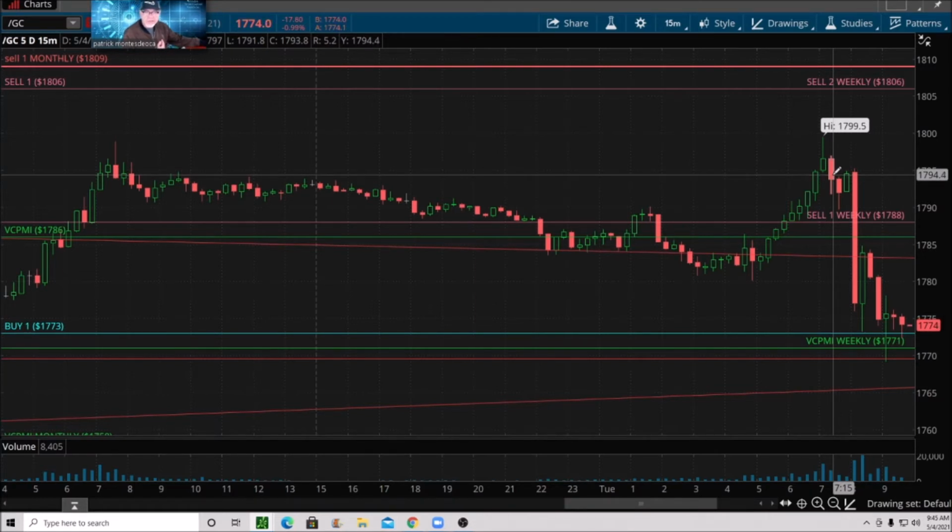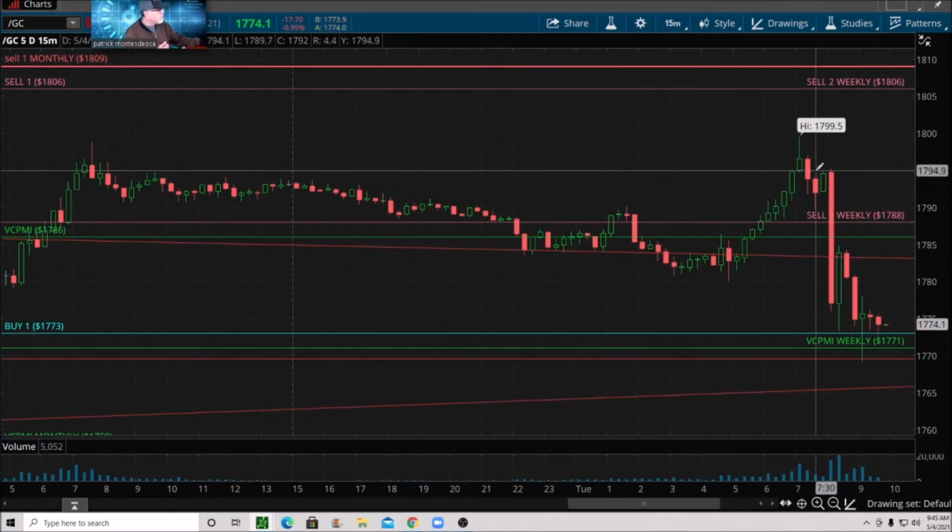It warned us to expect sellers or supply to come into the market. Regardless of the fundamentals or the rhetoric out there, from a mathematical perspective, it gave us a very high probability that we were going to see supply.